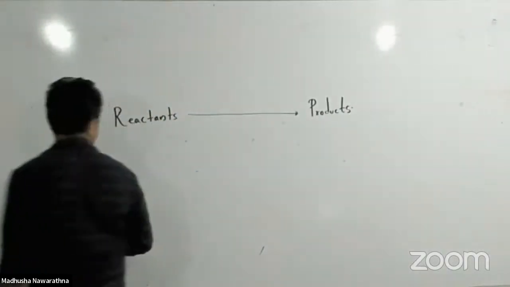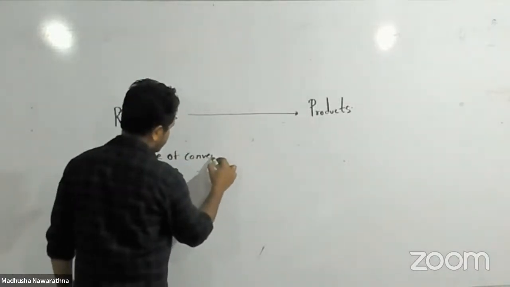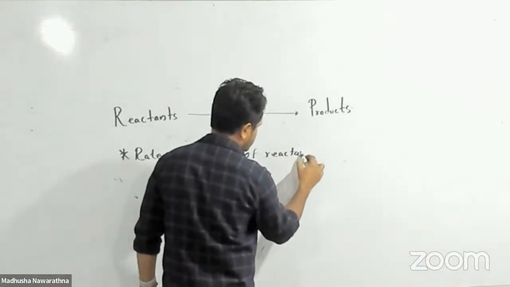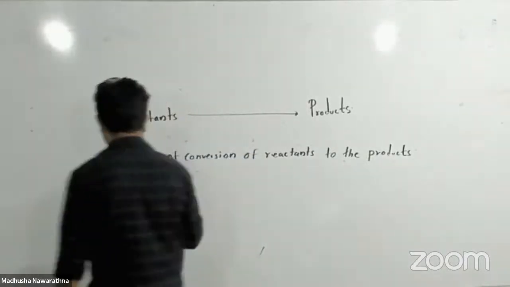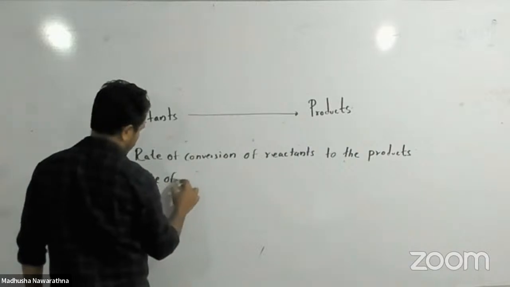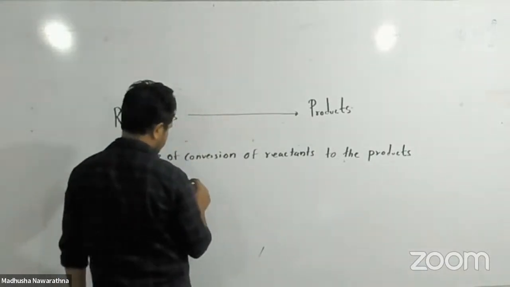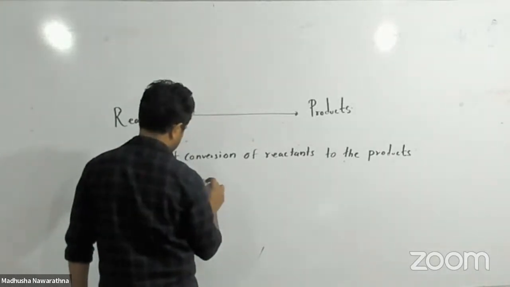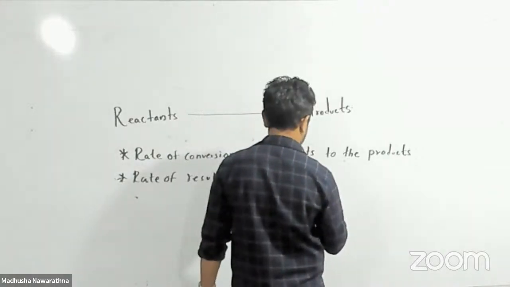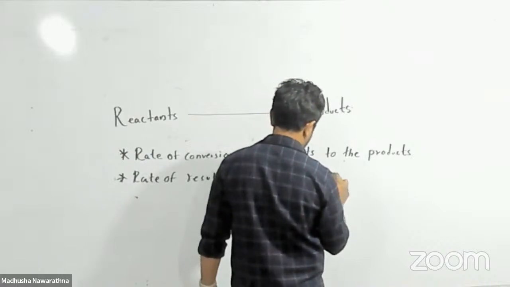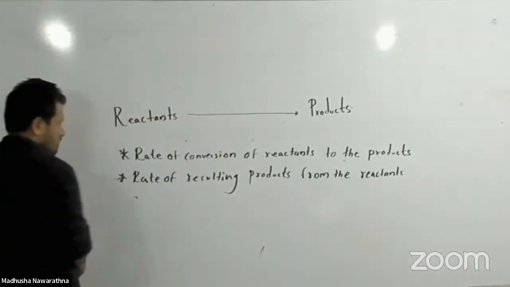So the rate of conversion of reactants to the products, what we call the rate of reaction, or the rate of making, the synthesis of, the rate of resulting products from the reactants. This is what we call rate of reaction.